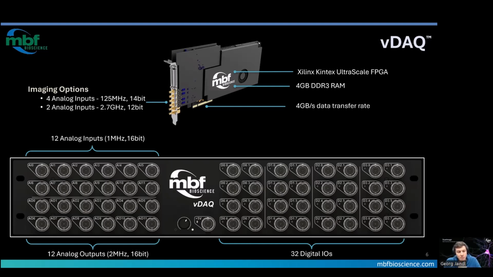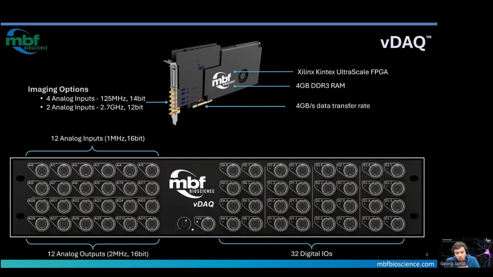There are some experiments that use more advanced techniques such as time-correlated single photon counting or time demultiplexing. And for those advanced techniques, you might need data rates or sampling rates that are much higher. So we offer a version of the VDAC that can sample from up to 2 photon detectors at up to 2.7 gigahertz sampling rate.